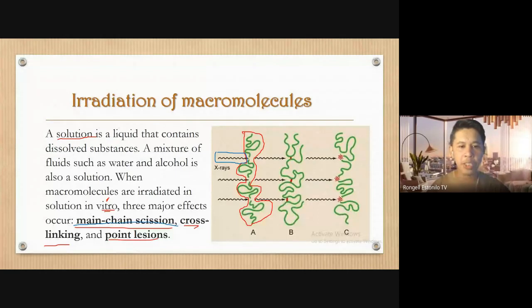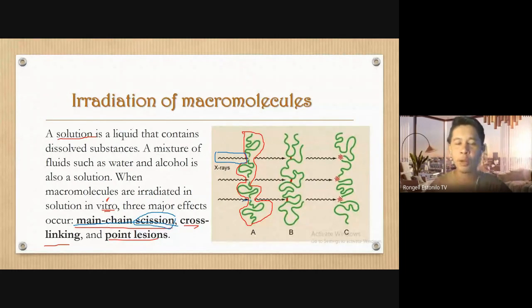Pag sinabing, they're separate naman, we'll define that later. Another thing is pwedeng magkaroon ng cross-linking. Sa main chain scission kasi, di ba, scission or scissor. Parang ginugupit natin, pinuputol natin ang isang long strand.